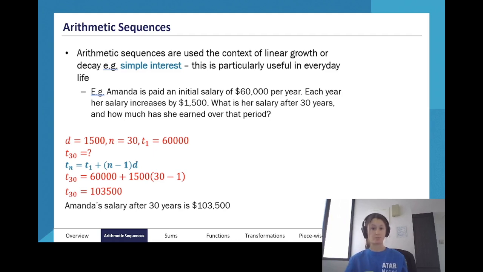Our difference is always the same. So, as a method of understanding, and again, jot this down for when you're learning geometric sequences, because this is very different when you're learning geometric sequences, and it's useful to understand why it's linear.